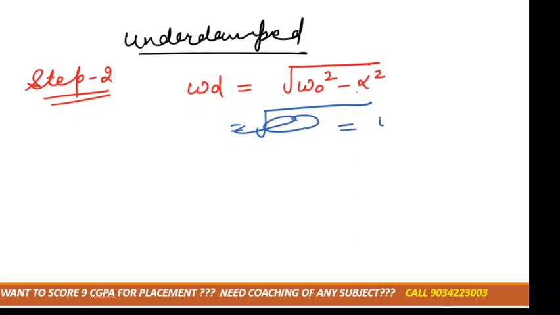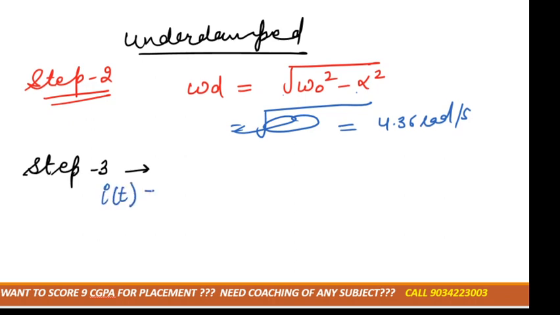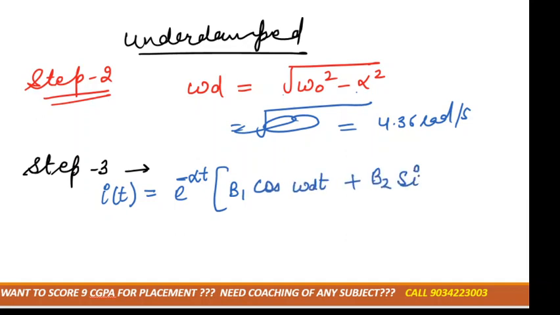After solving it, we'll get 4.36 radian per second. Now move towards step number 3. We have to write down the equation. What was the equation? Can you tell me? e raised to power minus alpha t, b1 cos omega d t plus b2 sin omega d t, right?